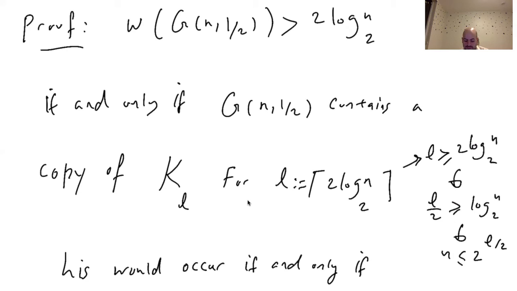The ceiling of a number is bigger than or equal to the number itself, so L is bigger than or equal to this. So divide by 2, I get L over 2 bigger than or equal to this. And this means 2 to this power, L over 2, is bigger than or equal to this number, which is n. Okay, so n is less than or equal to 2 to power L over 2.